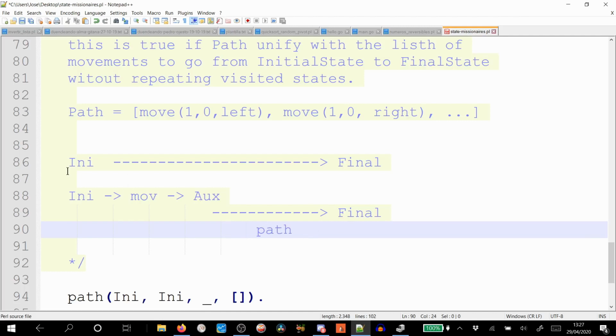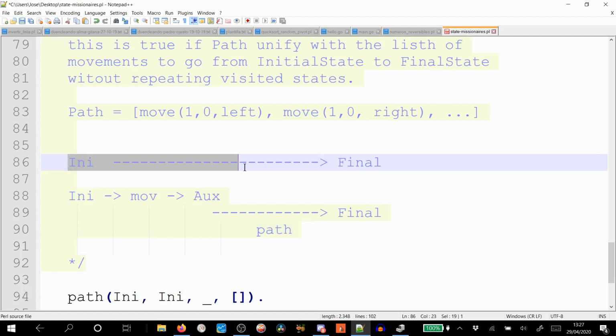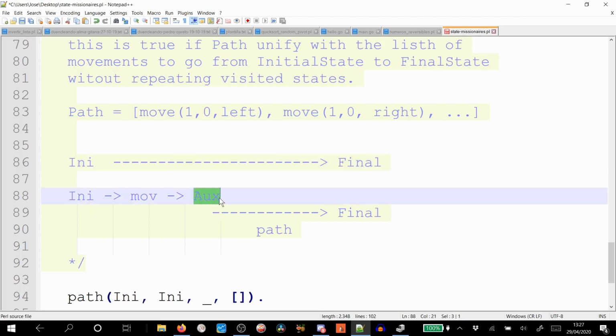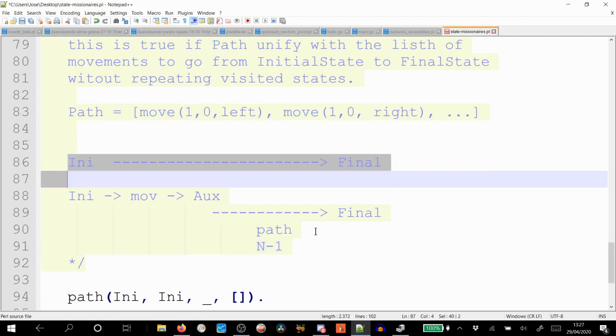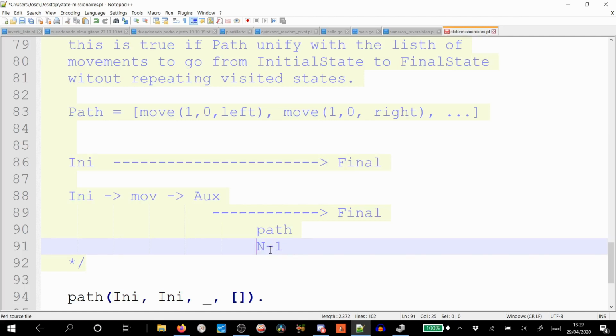So first one movement to any new state, and after that let's create a path from aux to final, and then we will have the full solution. Here we have the induction. This is L-1. This path has one movement less than the full path.